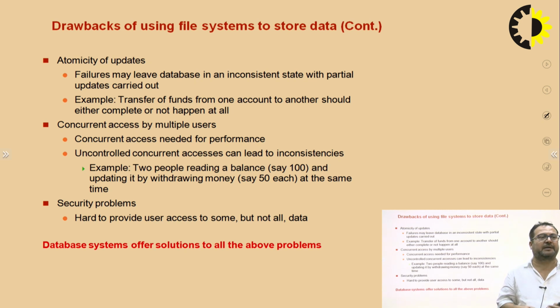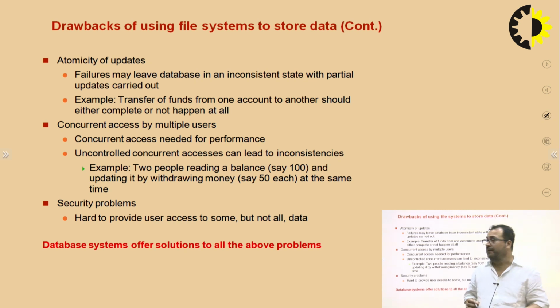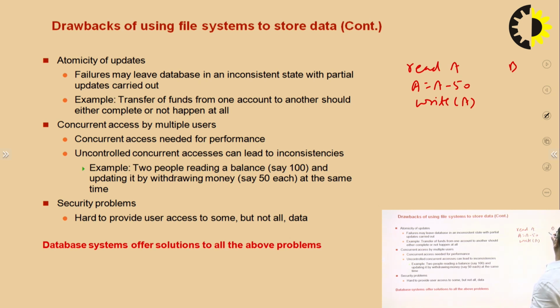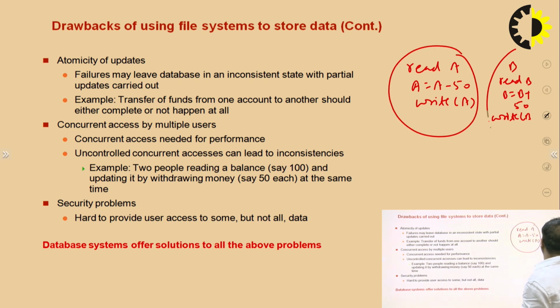If you were going to code it, what could the statements be? Suppose you are transferring $50 from A to B. The code could be: read A, A becomes A minus 50, write A. Similarly for B: read B, B becomes B plus 50, write B.